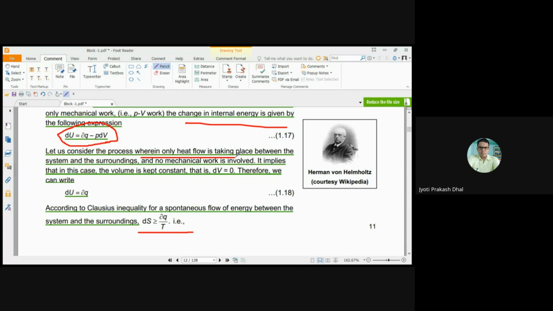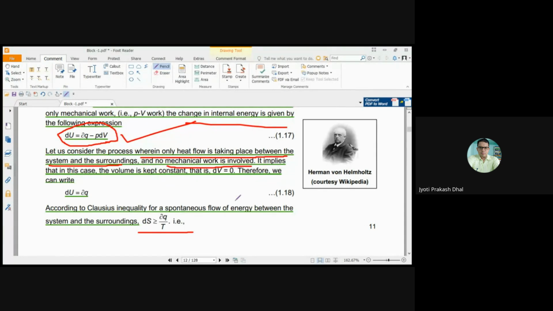This is the first law of thermodynamics, which explains only the mechanical work. Now we will discuss the process where only heat flow is taking place between the system and surroundings, and no mechanical work is involved.